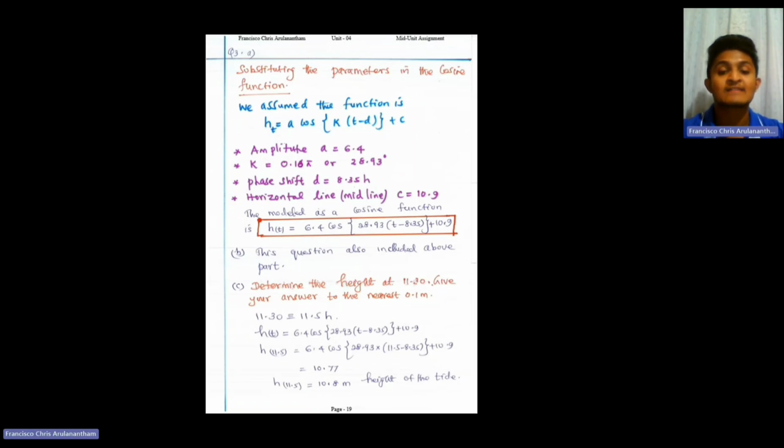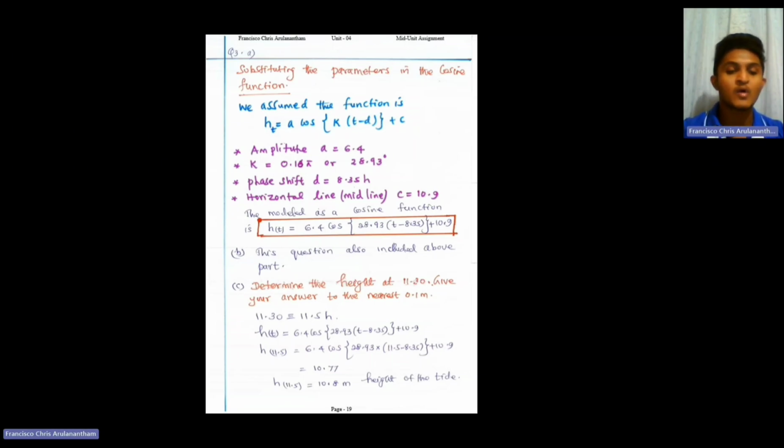The model as a cosine function is h(t) = 6.4 cos(28.93(t − 8.35)) + 10.9. The answer for part B is also included in the above part.